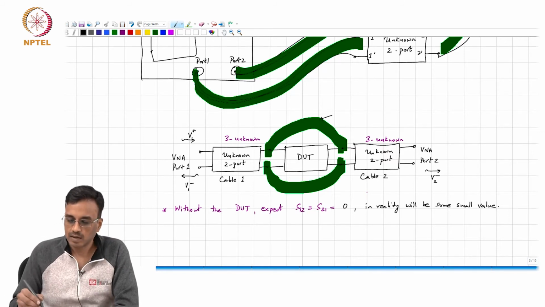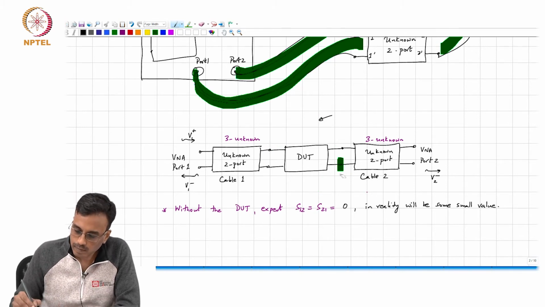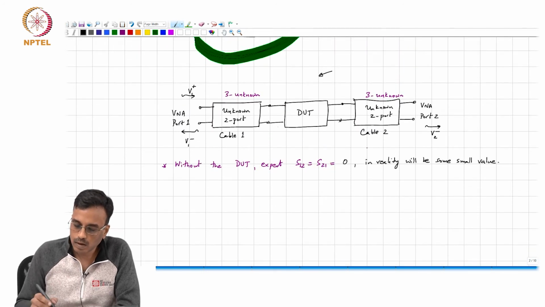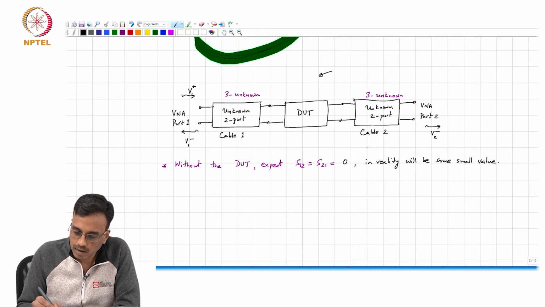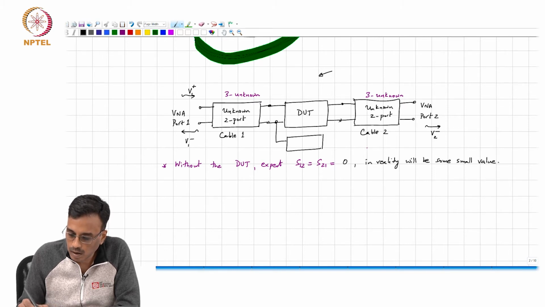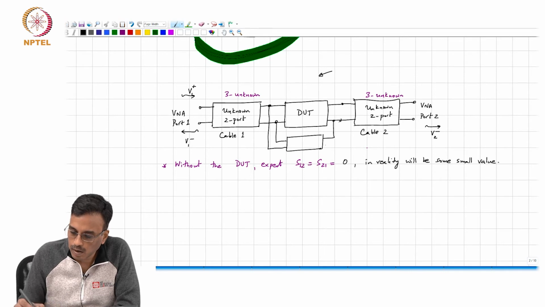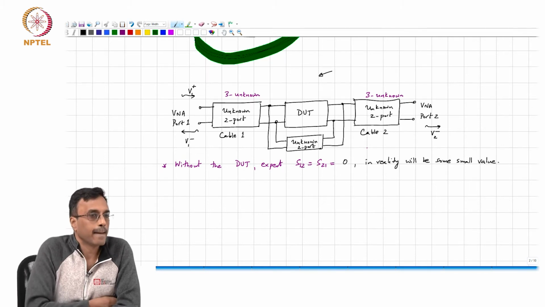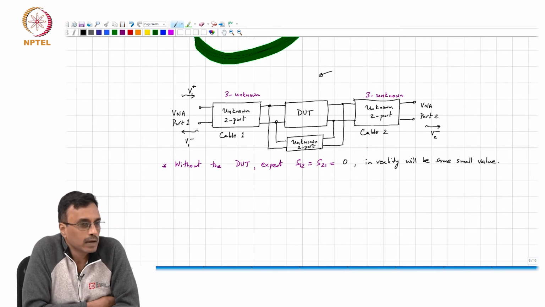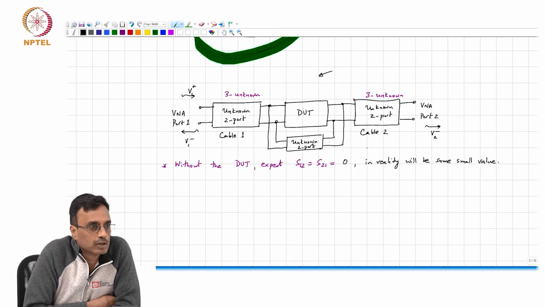So in other words, what we have is another unknown 2-port between these two.